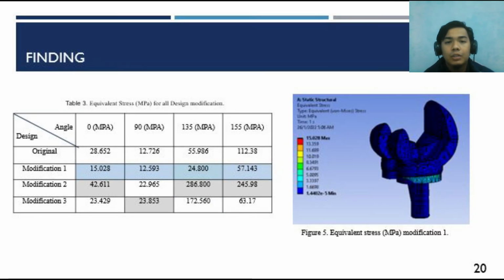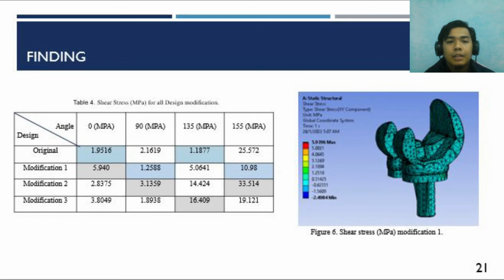From Table 3, which focuses on equivalent stress, modification 1 shows the least amount of equivalent stress at all angles of flexion. Next, Table 4 depicts the result of shear stress. The value at 0 degrees of flexion angle for modification 1 was the highest compared to the other modifications. The value at 135 degrees is slightly similar to the original design.